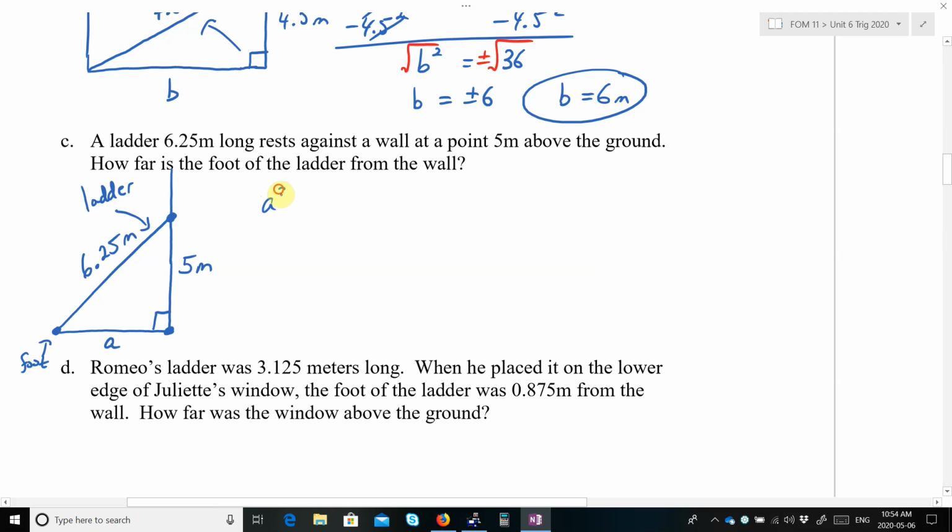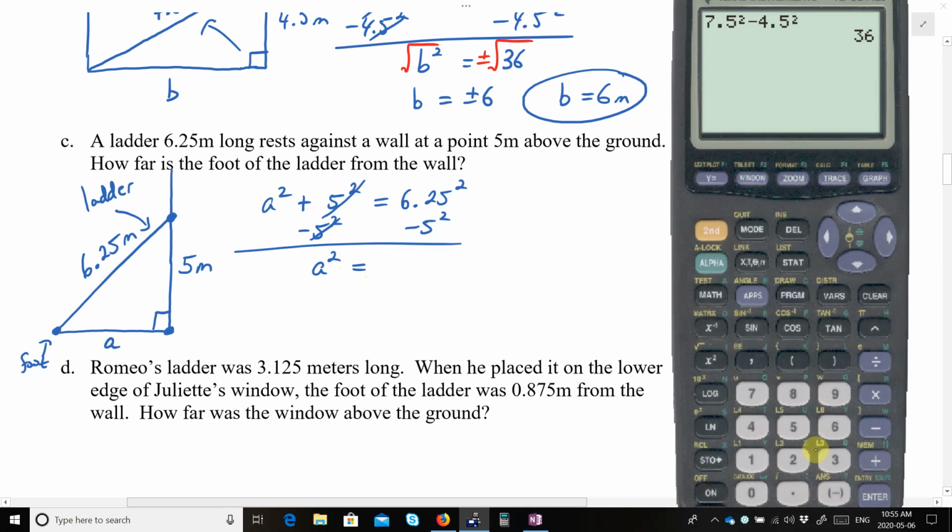Okay, so Pythagorean theorem, a squared plus 5 squared equals 6.25 squared. So a squared is equal to 6.25 squared minus 5 squared, and we get 14.0625.